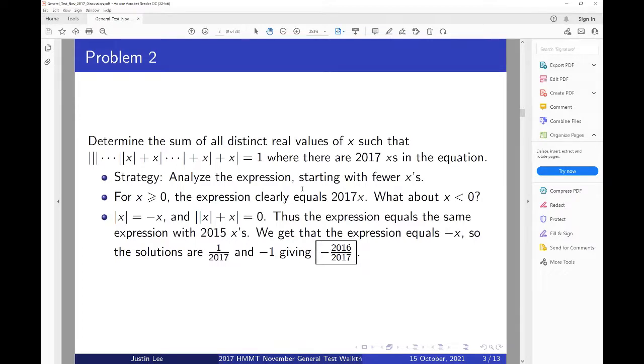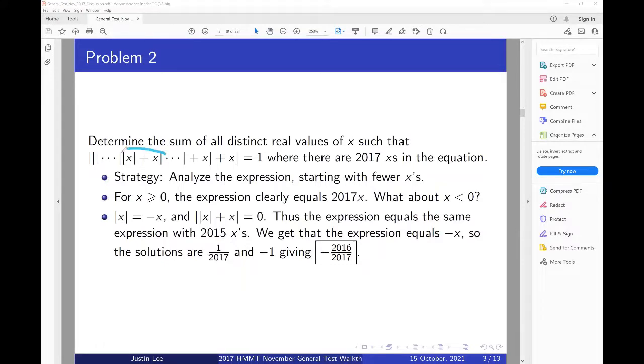So the expression simplifies into the same expression, but with 2015 x's, and so on and so forth. Let me annotate here.